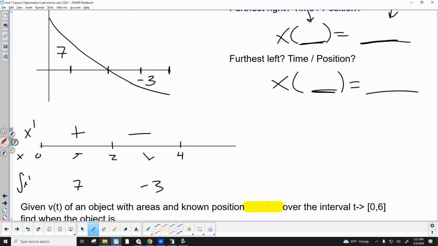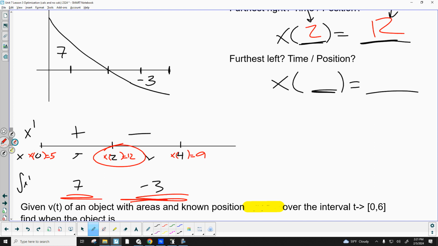We have an initial position that our position started at 5 at time 0. I add 7, I get 12. I subtract 3, I get 9. There we go. What is my max? Well, either through this analysis or just by looking at my 3 points, x of 2 equals 12 is the largest position value.